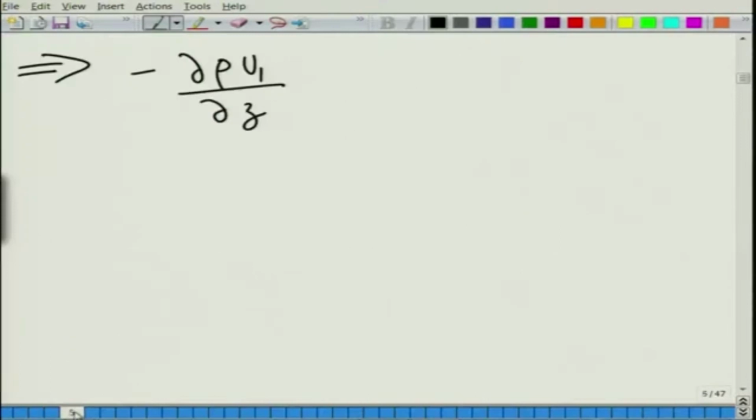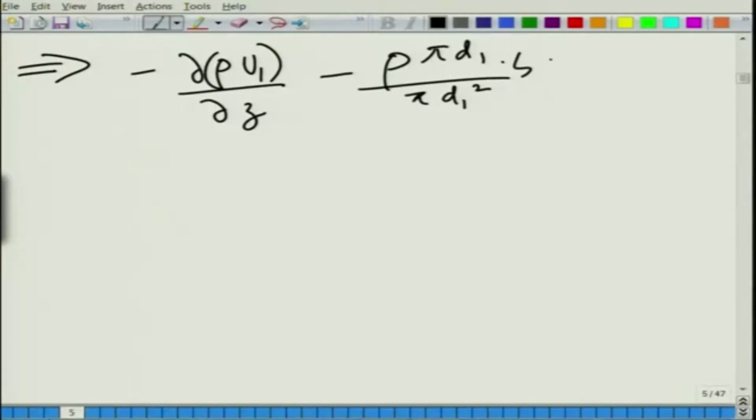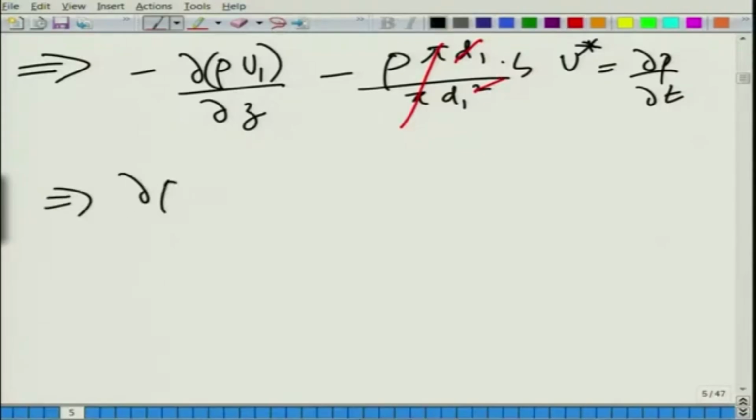Then we get this inside this bracket, plus you have minus rho pi d1, but we also have pi d1 square by 4, and u star is there. So, let us strike out things.